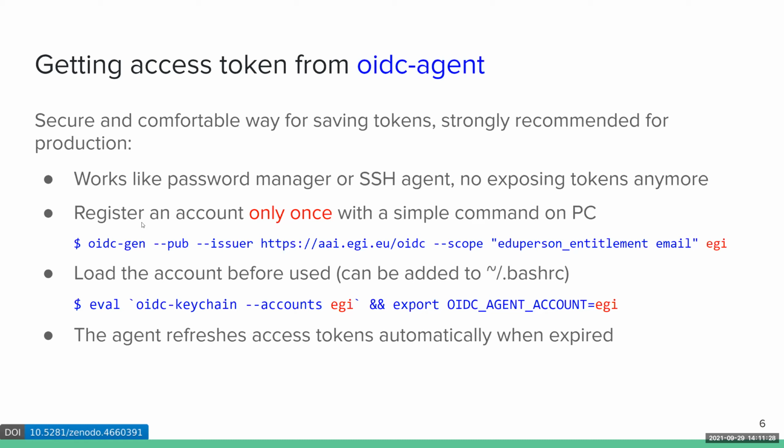You can just register an account once via this simple command, and after that you just load the account before using and export your account name to the environment variable. And the agent will refresh the access token automatically when it expires, so you can work for a long time without caring about whether your access token expires or whether you have to refresh it again.